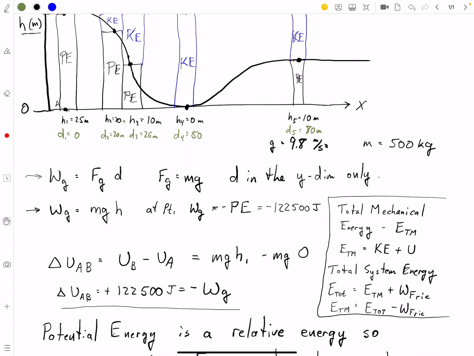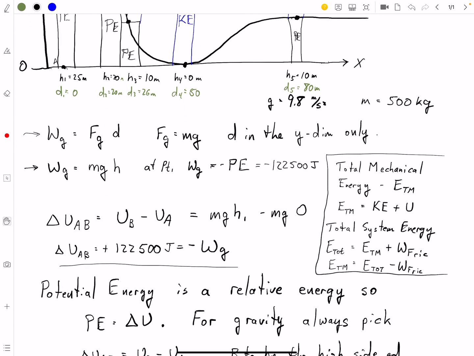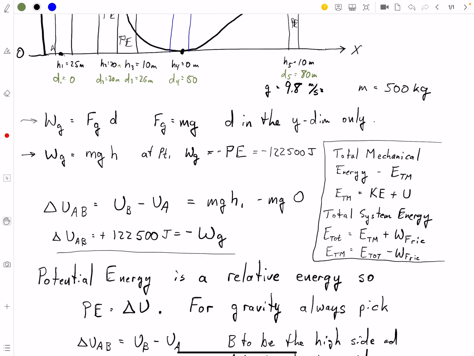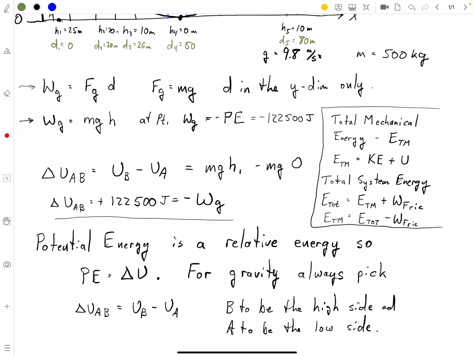Okay, let's talk a little bit about our total mechanical energy. Our total mechanical energy, and I've got that written over here to the side, is, I use this symbol ETM for total mechanical energy.